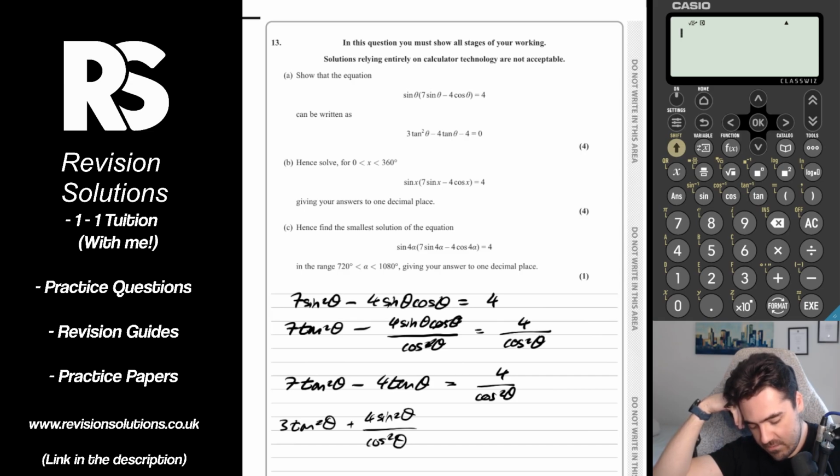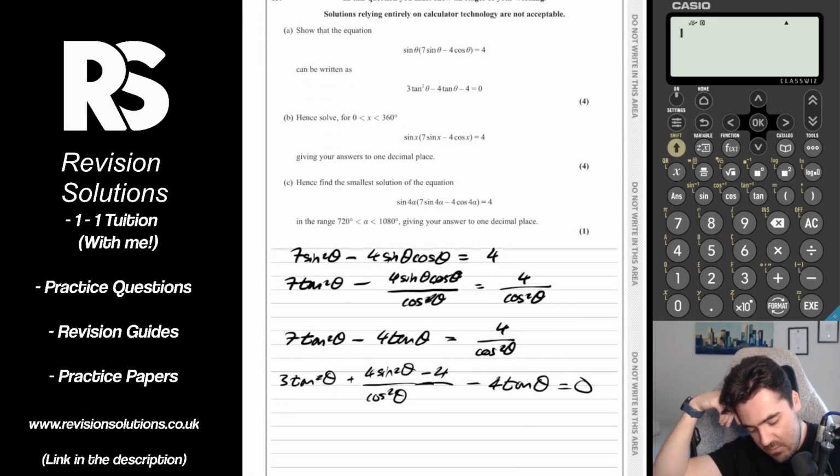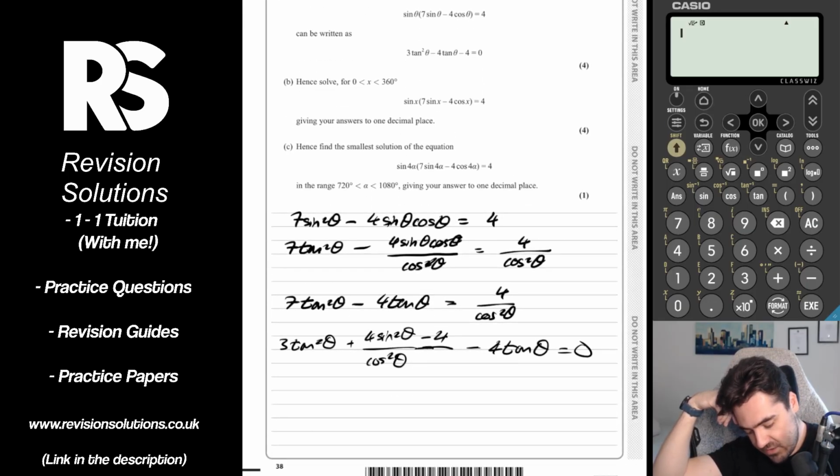Because if I bring over this minus 4 cos squared theta, we could write that all as one fraction, just write it as minus 4 on the top here. And then we'd have minus 4 tan theta equals 0. And why is that nice? Well, that's nice if we factorize that numerator. That'd be 3 tan squared theta plus 4. Or actually, let's take minus 4 out. That's nicer.